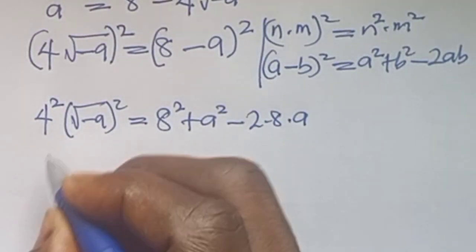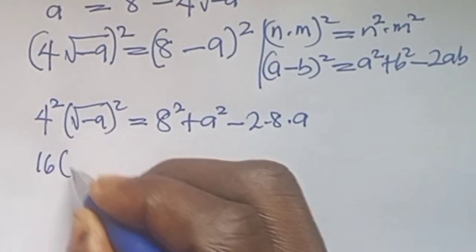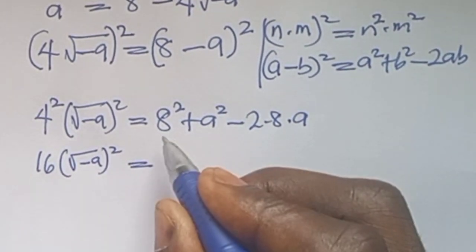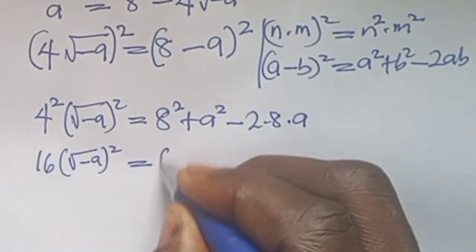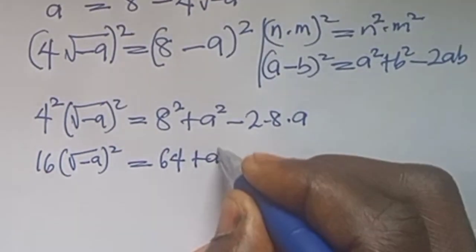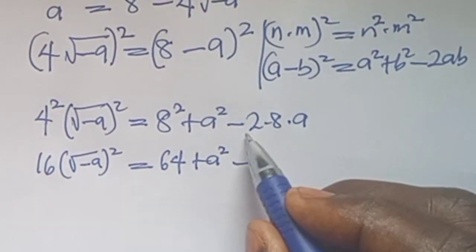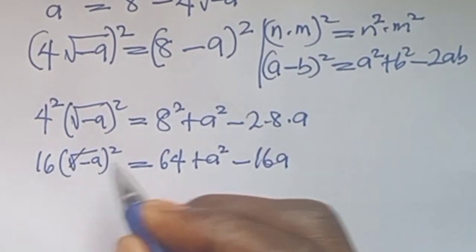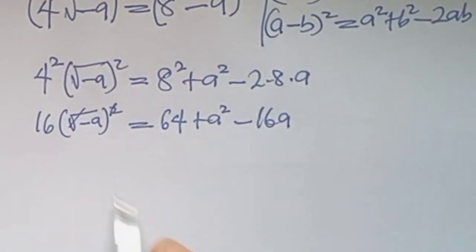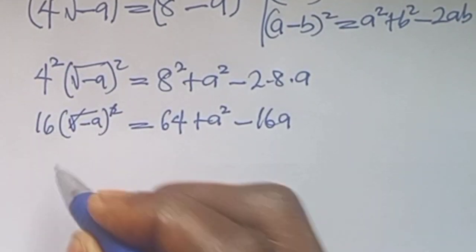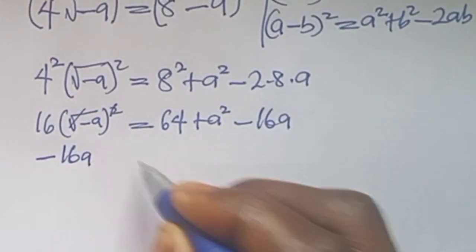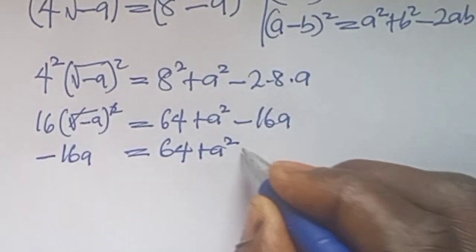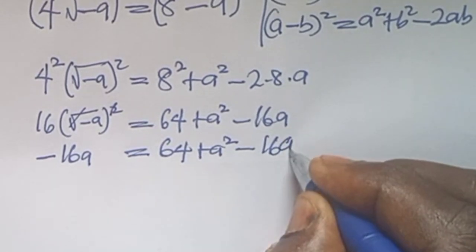So if we simplify this further, we're having 16 times square root of minus a to the power of 2 equals to 8 to the power of 2, that is 64, plus a to the power of 2 minus 2 times 8 times a, that is 16a. But here, the square and the square root can cancel out. What will be left will be minus a times 16, that is minus 16a, is equals to 64 plus a to the power of 2 minus 16a.